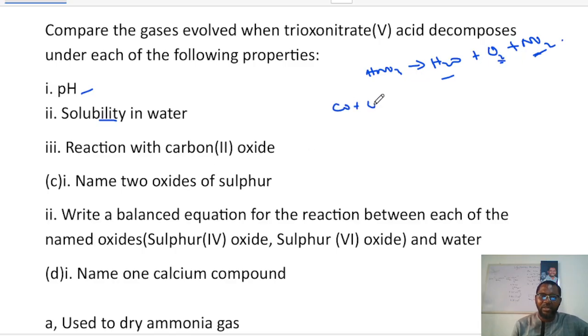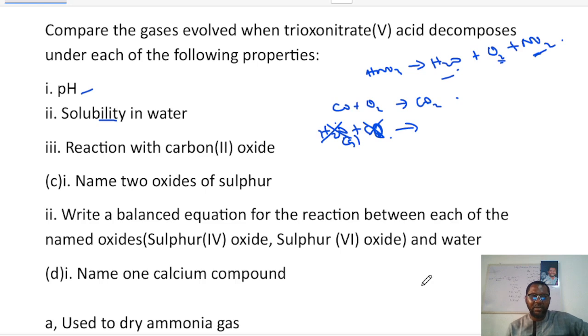CO plus oxygen will give you carbon 4 oxide. Water can react with carbon 2 oxide, but actually it's supposed to be steam. If this is steam, then it can react with carbon 2 oxide, which actually is not really that visible. Then NO2 does not react. Okay, so these are the comparisons.